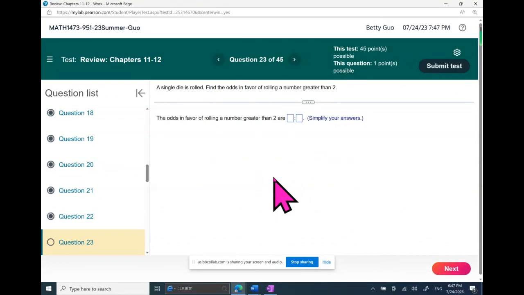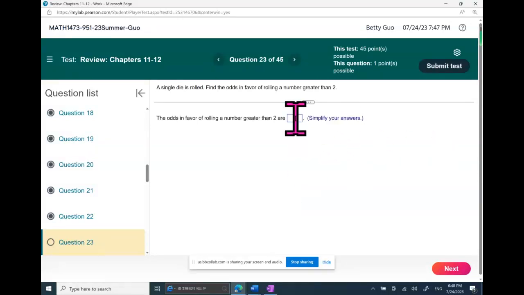It could be in the format of a decimal, also could be in the format of a fraction. But odds is a ratio. It involves 2 numbers. A ratio can be represented as a fraction. It doesn't mean it's one fraction. It's just a way to express that ratio.